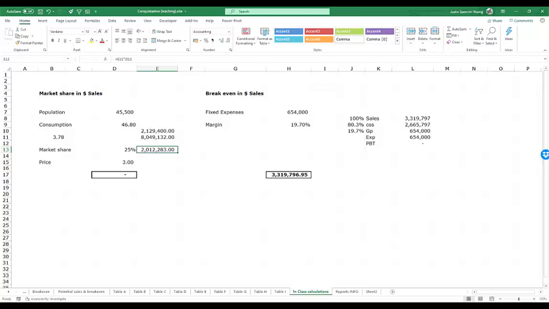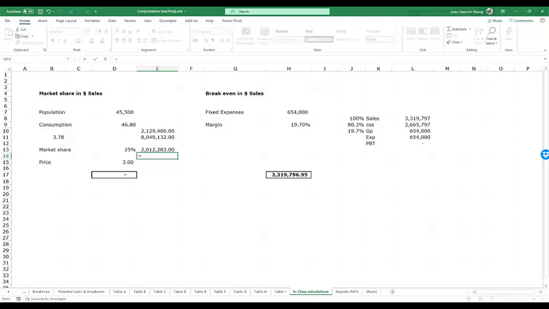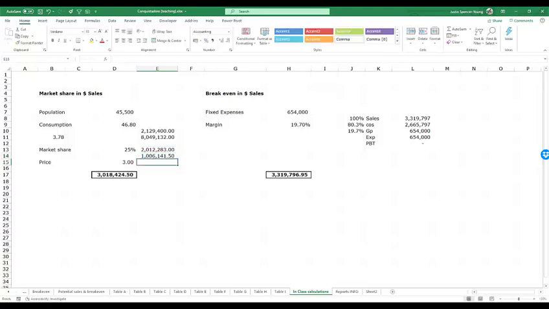And if you take 6 cans of 340 milliliters, it turns out it's about 2 liters of beer in a six-pack. A simple calculation of taking the liters of beer and dividing it by 2 liters per six-pack tells us how many six-packs we have to sell in order to sell that amount of beer. And if you take the number of six-packs and multiply it by the price, we now have the revenue that can be achieved in this market.